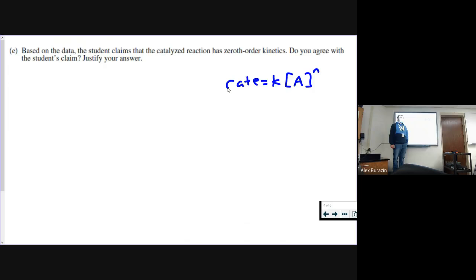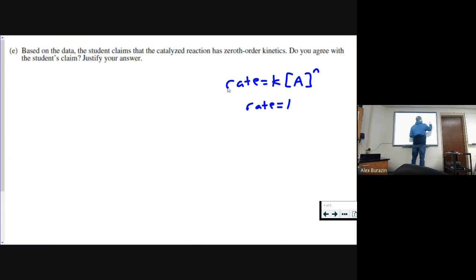Now, the rate of a chemical reaction is dependent upon the rate constant and the molarity of your reactant. However, in a 0th order reaction, that implies my exponent equals 0. So what do I have?